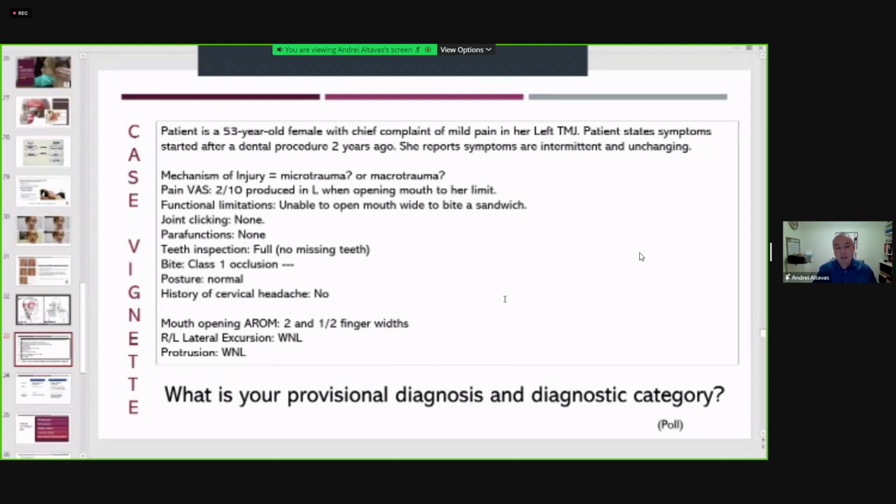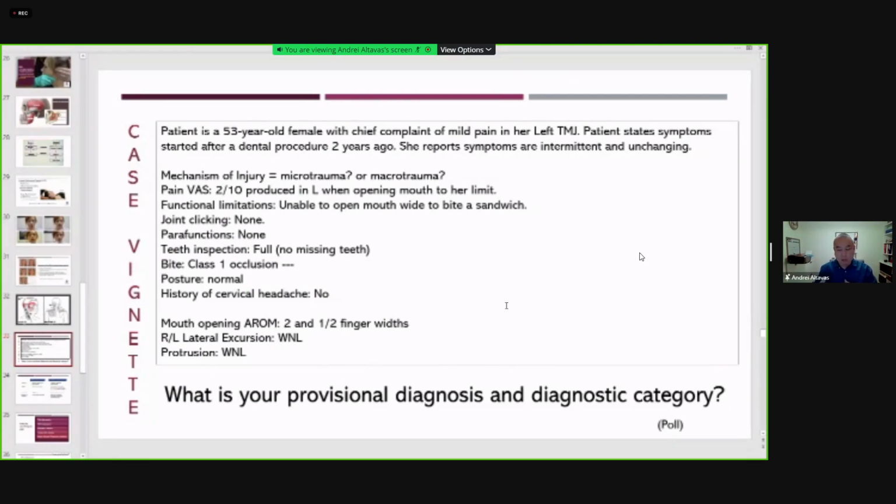Does she have a history of neck pain? She does have neck pain, but this is where you want to know, when patients tell you they have a history of neck pain, where did she have symptoms in her neck? If she had symptoms down the neck, well and good.